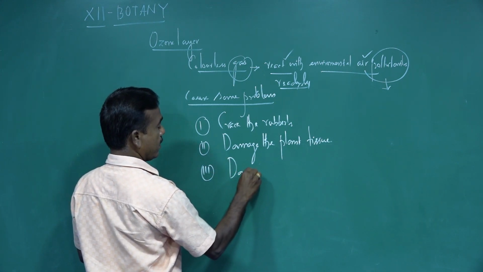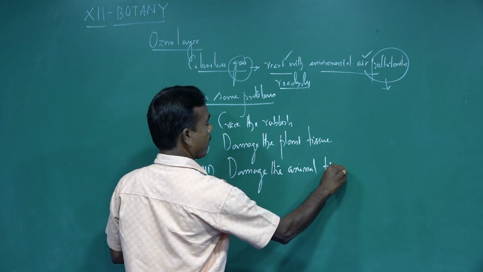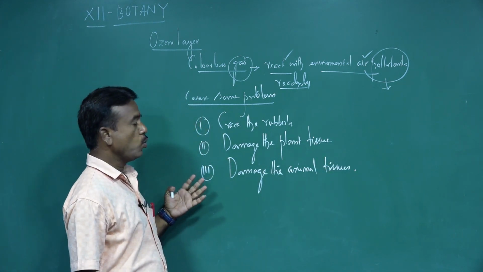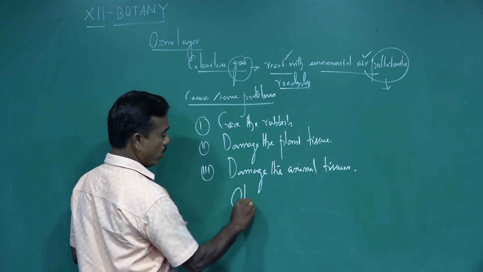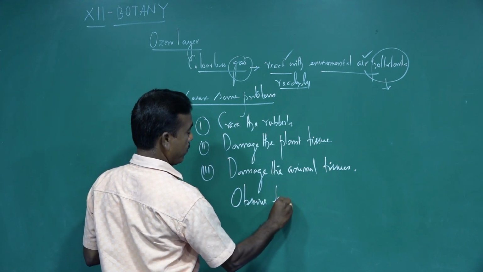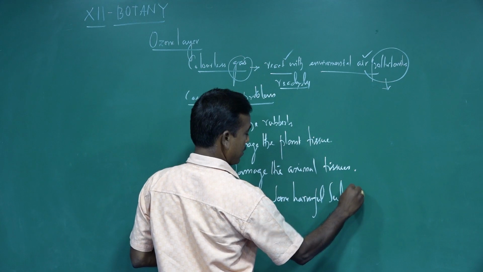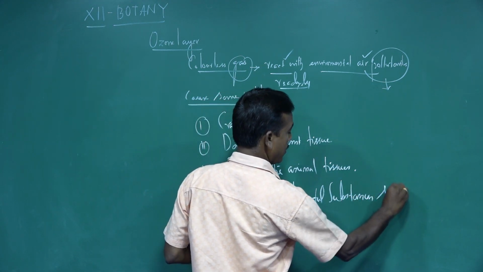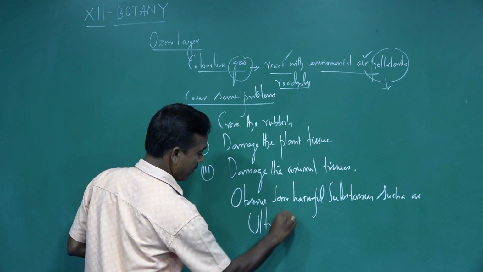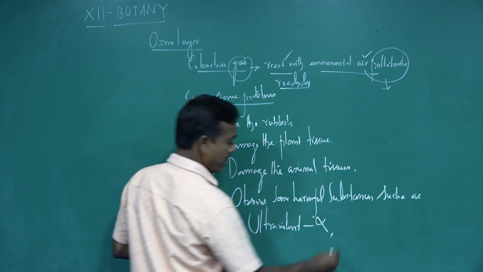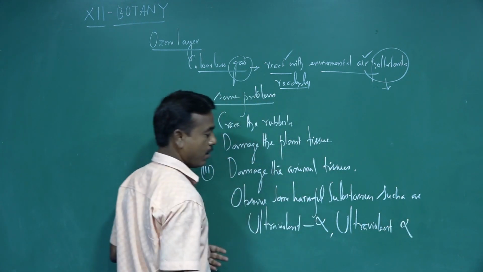Then it damages animal tissues. So ozone is a layer that protects by absorbing some harmful substances, such as ultraviolet rays, UV alpha and UV beta from the sun.